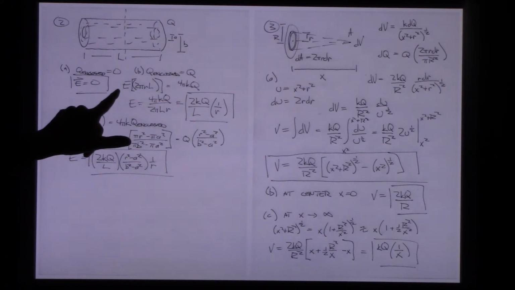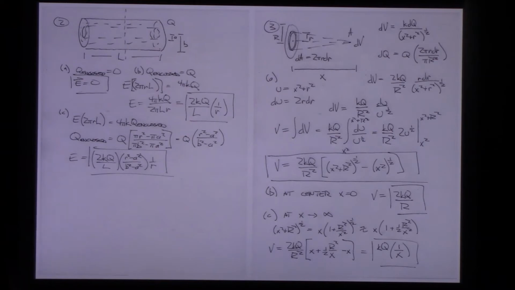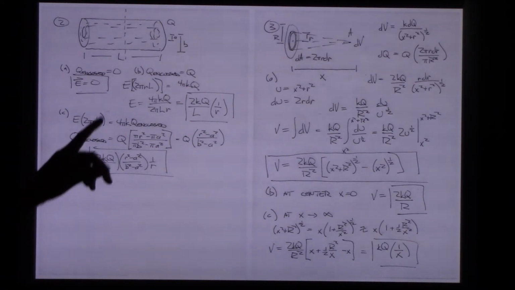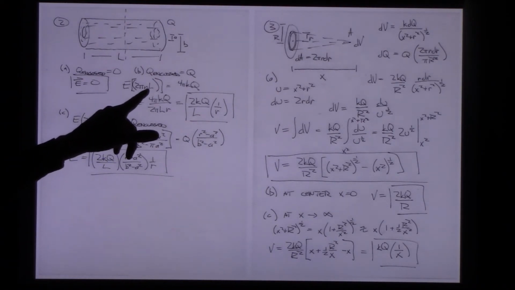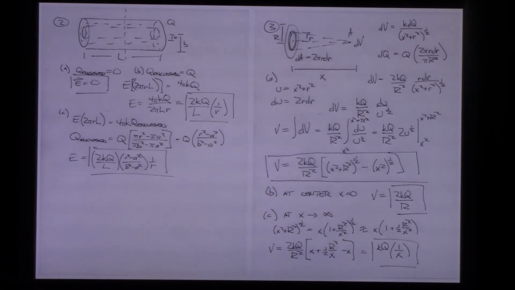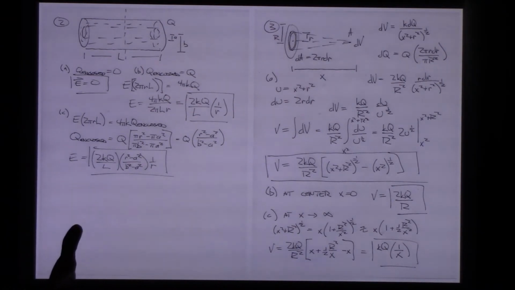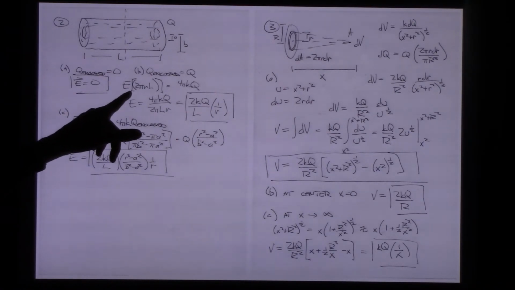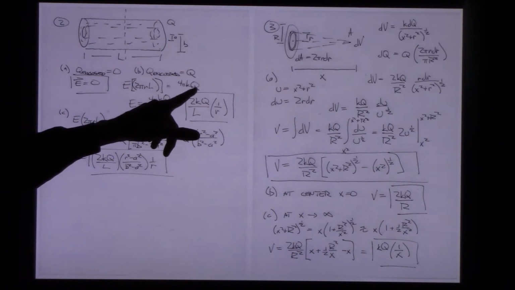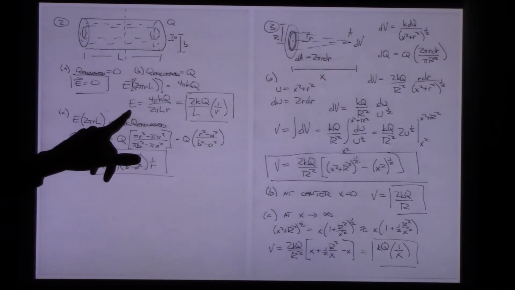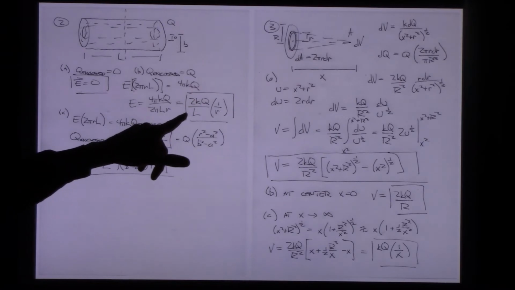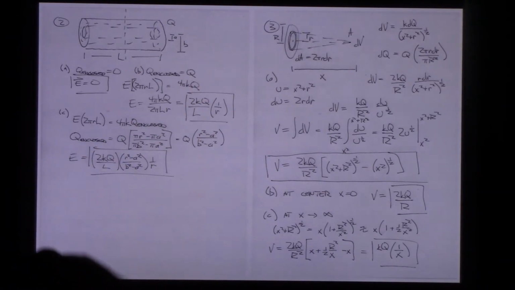Now for cylinders, the left side of Gauss's law always reduces down to E times 2 pi RL, because that's the surface area of the rounded portion, and that's where the electric field is directed across the Gaussian surface. So I put in the 2 pi RL, set that equal to the 4 pi K times the enclosed charge, and ended up with an electric field that's 2KQ over L, 1 over R.